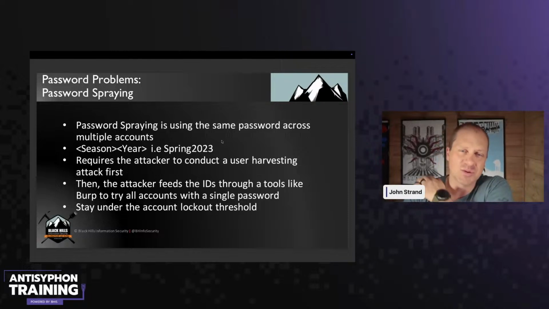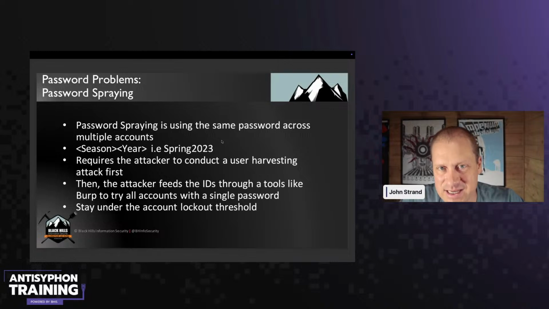But when we're breaking into environments, we use password spraying all the time as a technique to break into computer systems. What we'll do is try a password that's more than likely going to be used, like season and year. This requires the attacker to harvest potential user IDs in that environment.